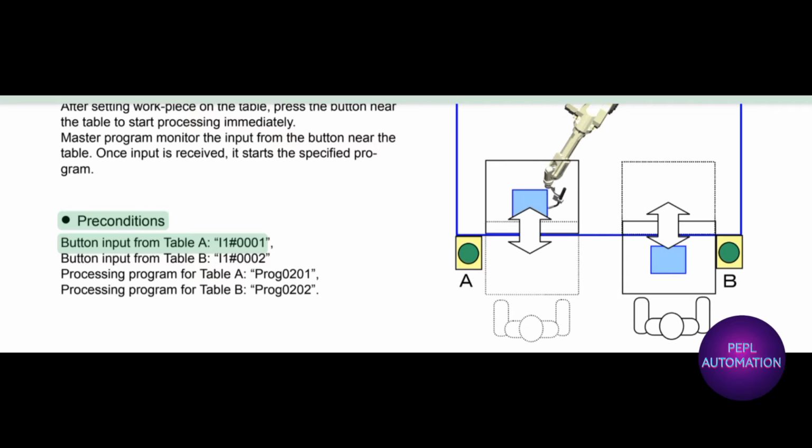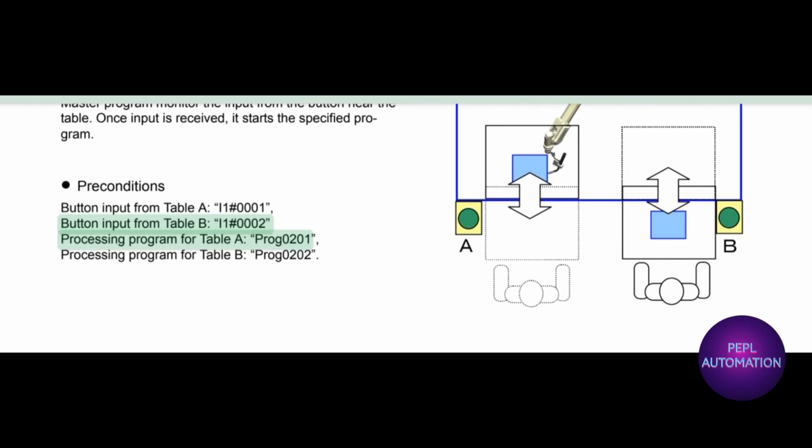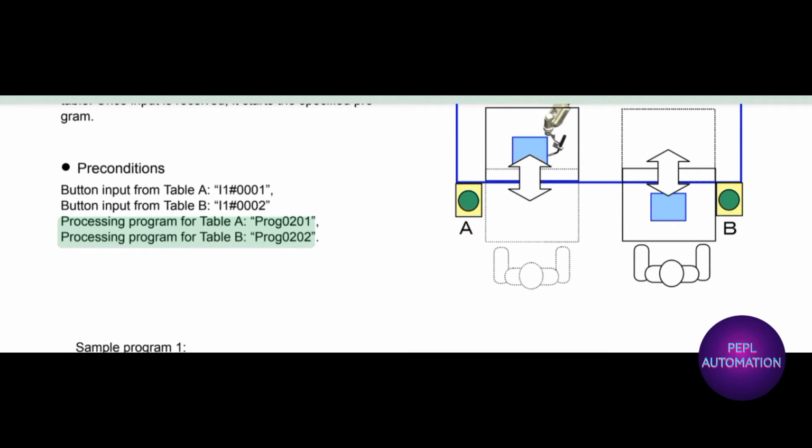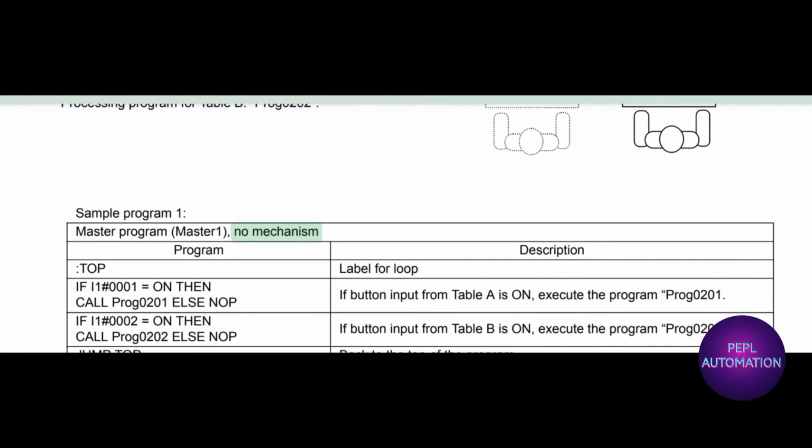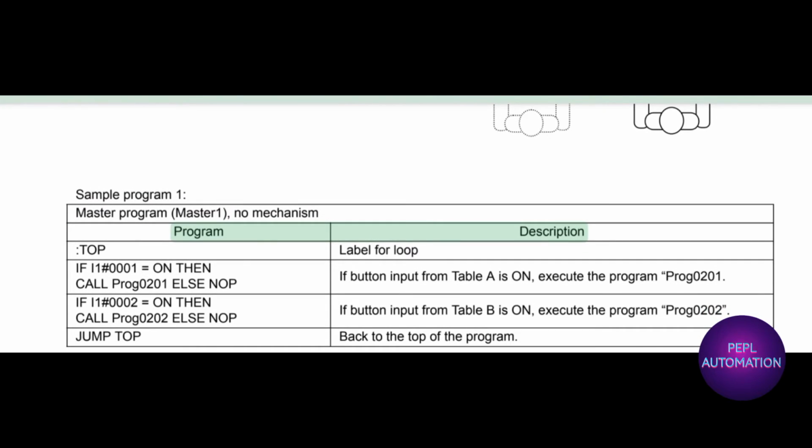Preconditions: button input from table A, I1 number 0001; button input from table B, I1 number 0002; processing program for table A, prog 0201; processing program for table B, prog 0202. Sample program 1, master program, master 1, no mechanism. Program description.